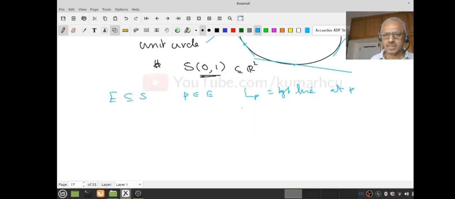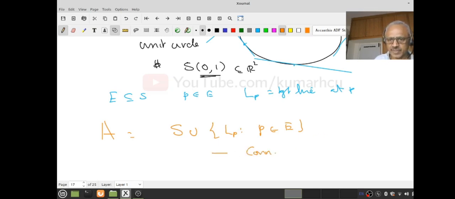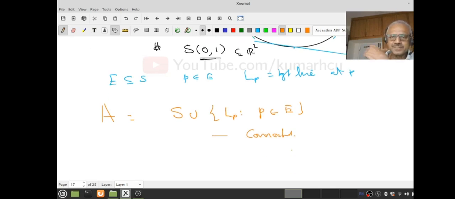Now let me look at the set A, which is S union L_P, where P is in E. I want to know whether this is connected. This is exactly the same proof as we showed when we showed the comb space is connected. The same argument. Why? We know S is connected and we know each L_P is connected, right?